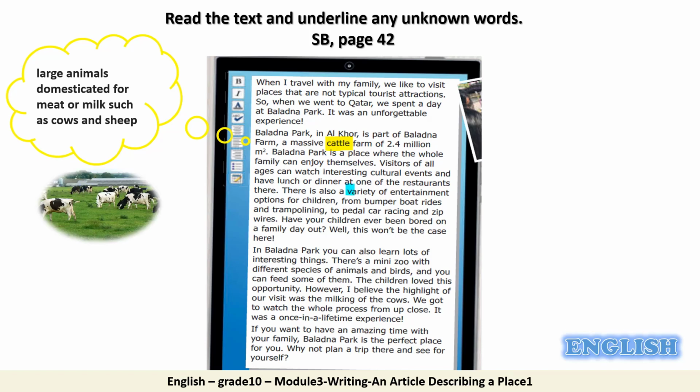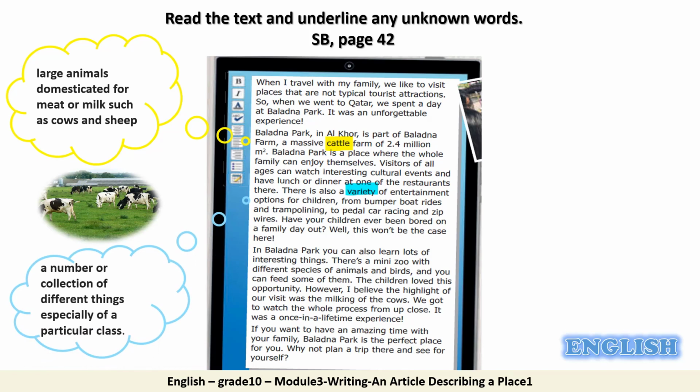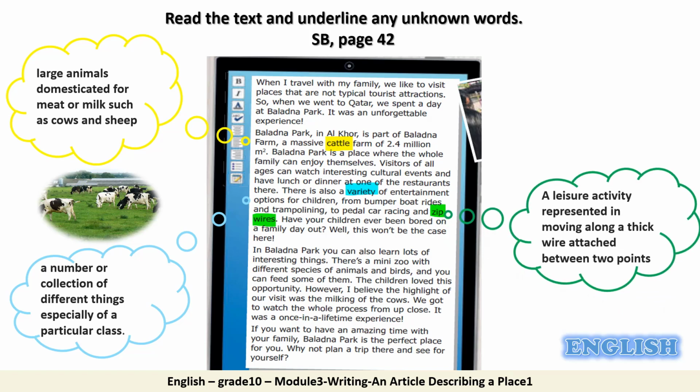You may also underline the word variety, which means a number or collection of different things, especially of a particular class. Also, the word zip wires may be unknown for you, and it means a leisure activity represented in moving along a thick wire attached between 2 points like the one in the picture.